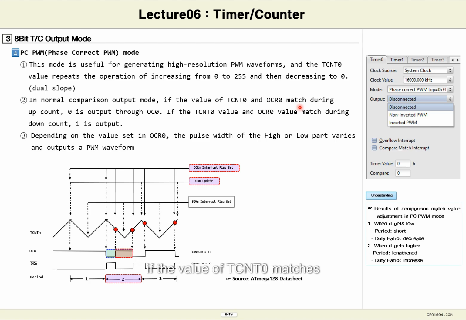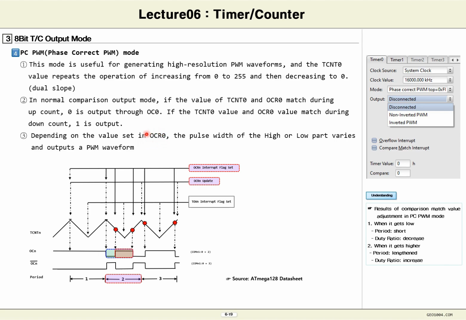If the value of TCNT0 matches OCR0 during upcounting, a value of 0 is output through OC0. If the TCNT0 value matches the OCR0 value during downcounting, 1 is output. As you can see, when counting down, it becomes set, and when counting up, it becomes clear.